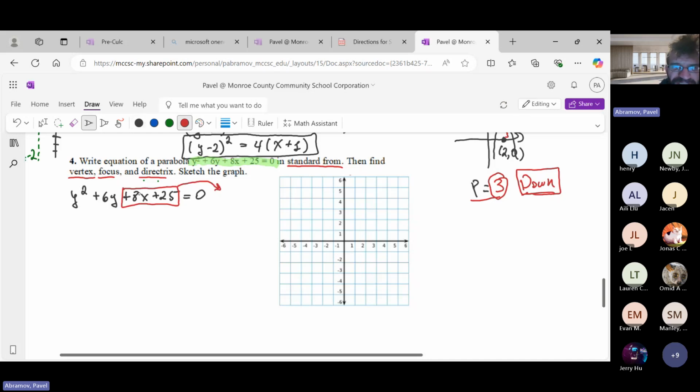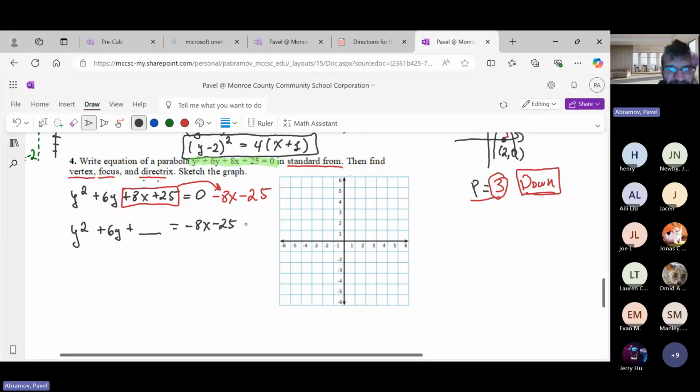And when we move this to the other side, since we have positive 8x, we're going to subtract 8x, and the 25 we will also subtract. So right now, we're going to have y squared plus 6y plus, then we have to find that constant that will make it a perfect square, so we're going to use a blank space there, equals negative 8x minus 25.